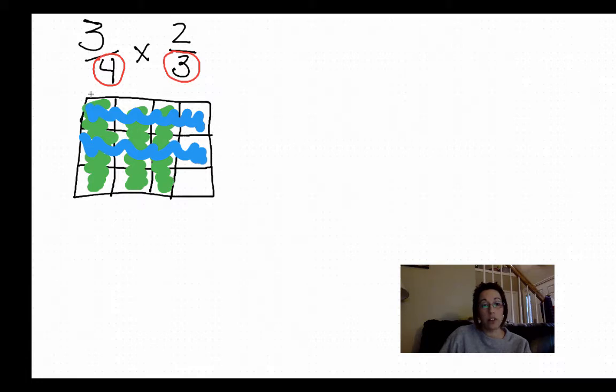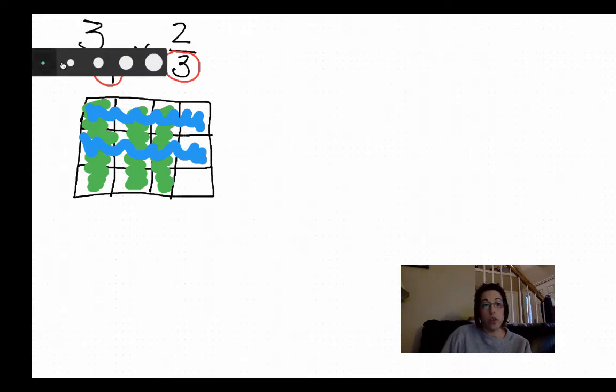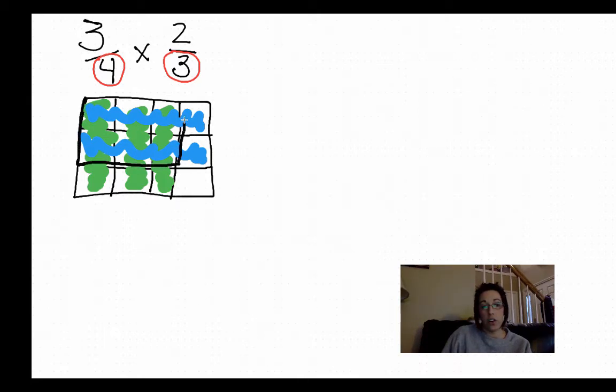The green part down here is 3/4 of that one whole. When we multiply them, we are talking about this area right here where our two colors overlap. That's going to be our answer. So 1, 2, 3, 4 across by 1, 2, 3 down.